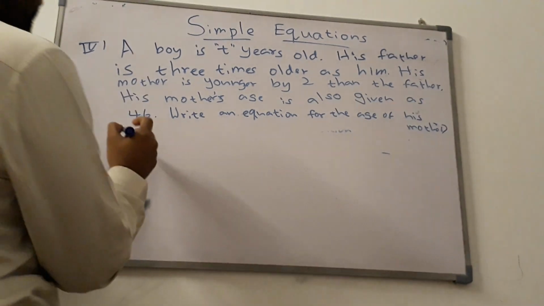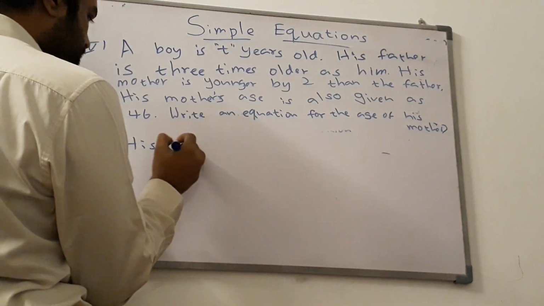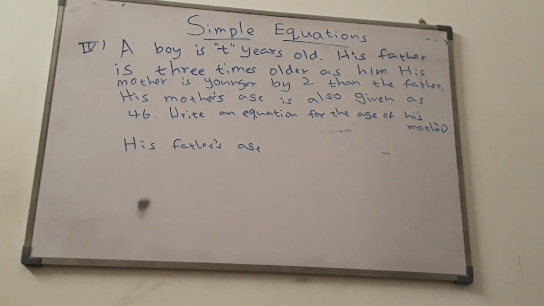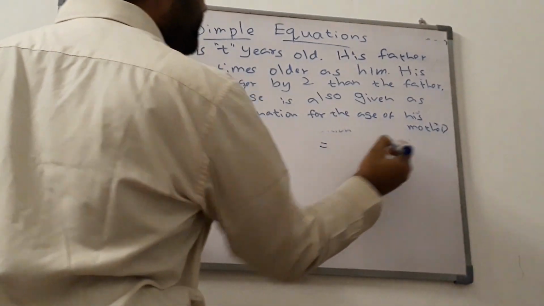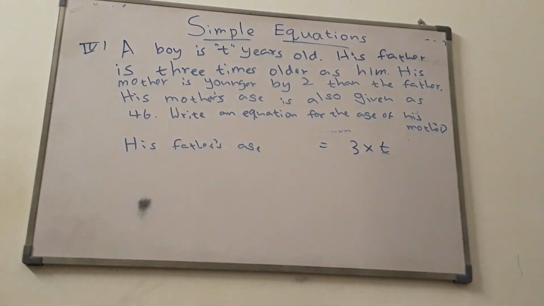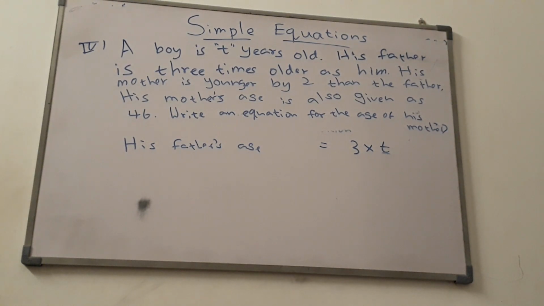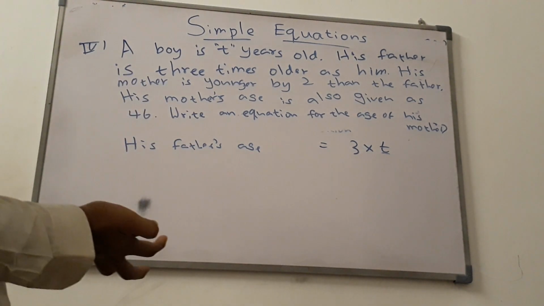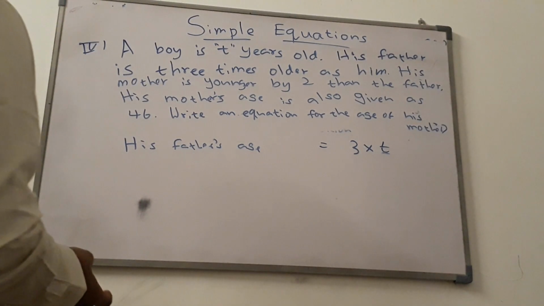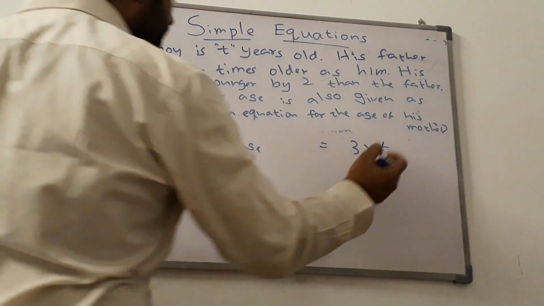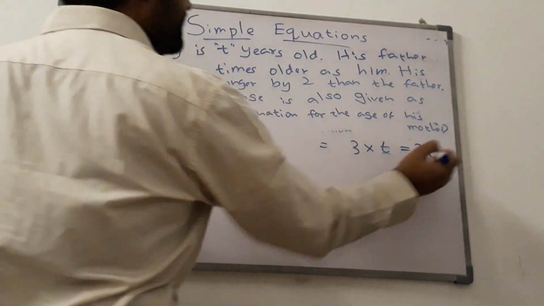A boy is t years old. His father's age is 3 times that of the boy. Boy's age is t, so his father's age means multiplying t by 3. So we can write his father's age as 3t.